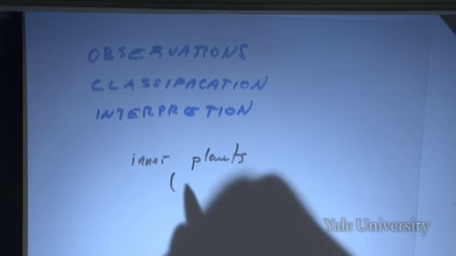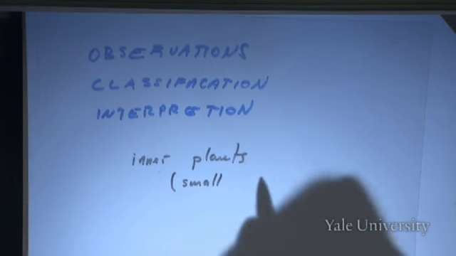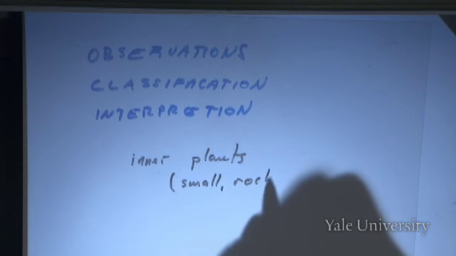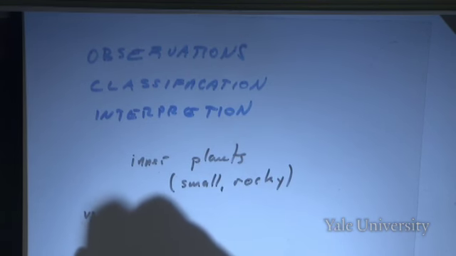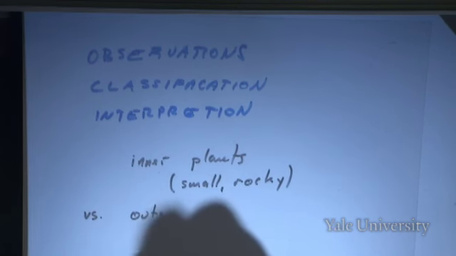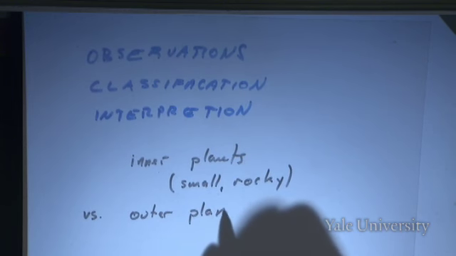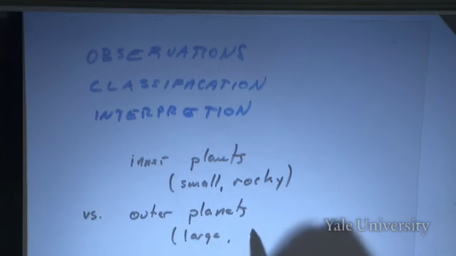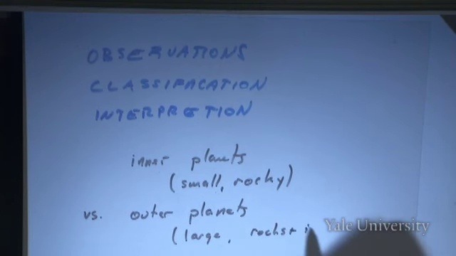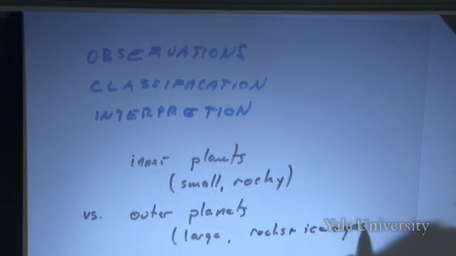You'll recall that these are small, rocky things in relatively short orbit, and contrast them with the outer planets, the Jovian, the Jupiter-like planets, which are large and have not only rocks but also lots of ice and gas.